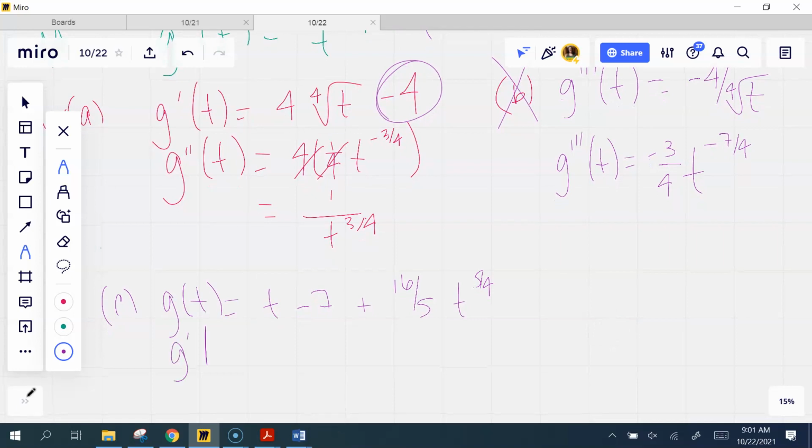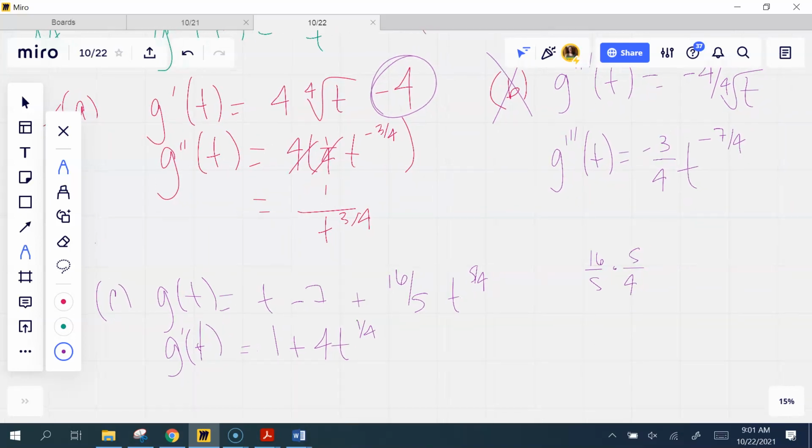First derivative, 1 plus 16/5 times 5/4 is 4. Okay, there. And, well, we kind of already did because we did it here, and we said that that constant doesn't matter, but we'll do it anyway.